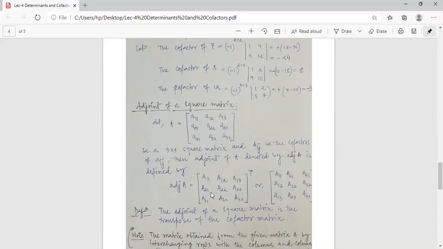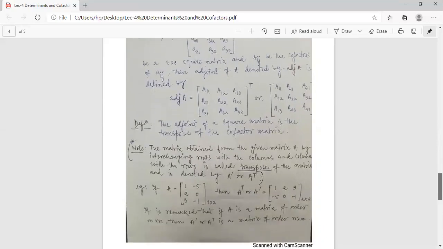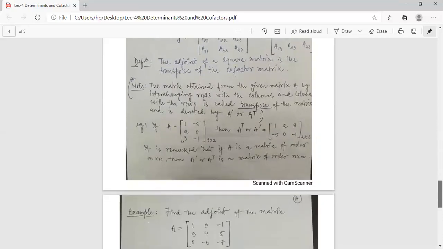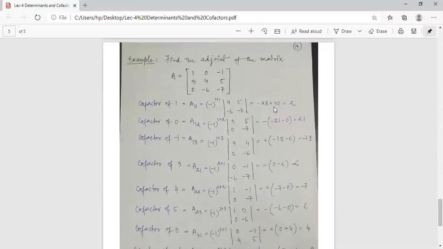So the adjoint of a square matrix is the transpose of the cofactor matrix. This is the definition of the adjoint of a square matrix. We need to study this adjoint of a square matrix to find the inverse of the matrix. So first, you find the adjoint of the matrix A.